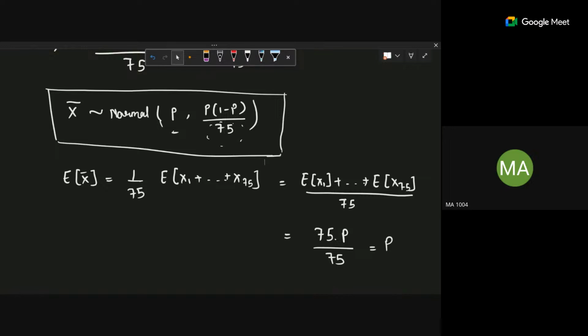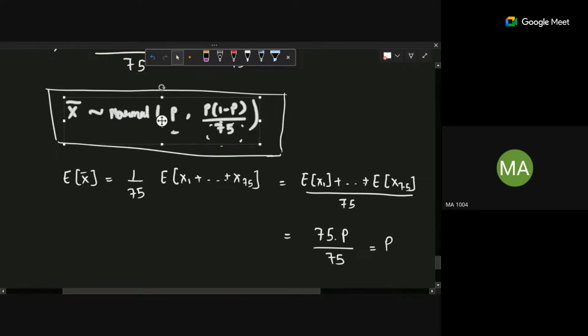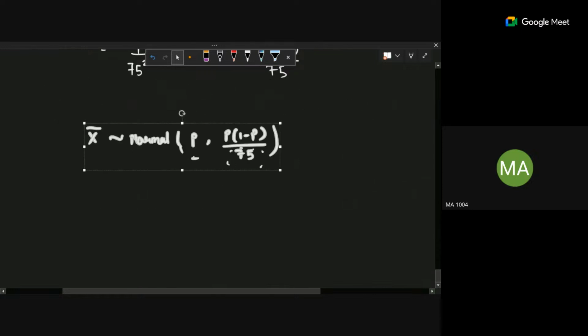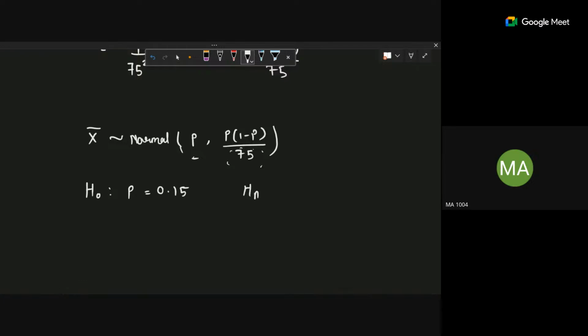upon 75. Now note one thing, what our hypothesis was. We are checking whether the probability is 0.15 or it is less than 0.15, right? That was our concern in this question.